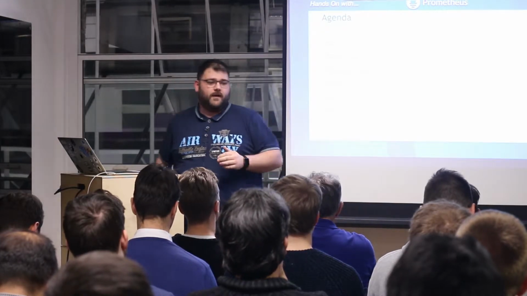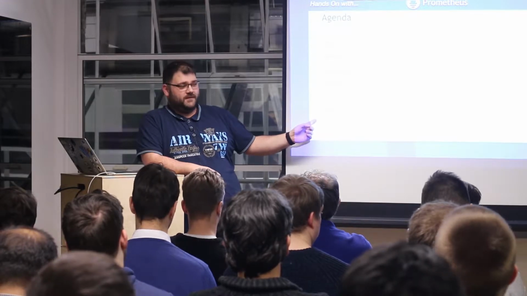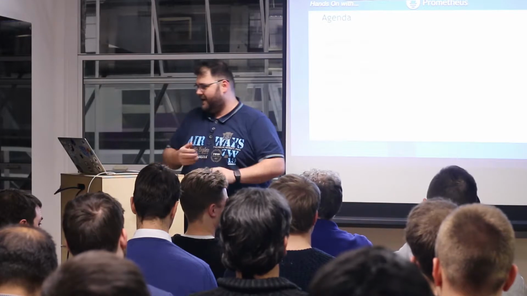Then we're going to have a play and see what the basic features and the basic expressions in Prometheus are. And obviously, the most important thing on the agenda is the last one, beer and pizza. Okay? I'm pretty sure you can't wait.